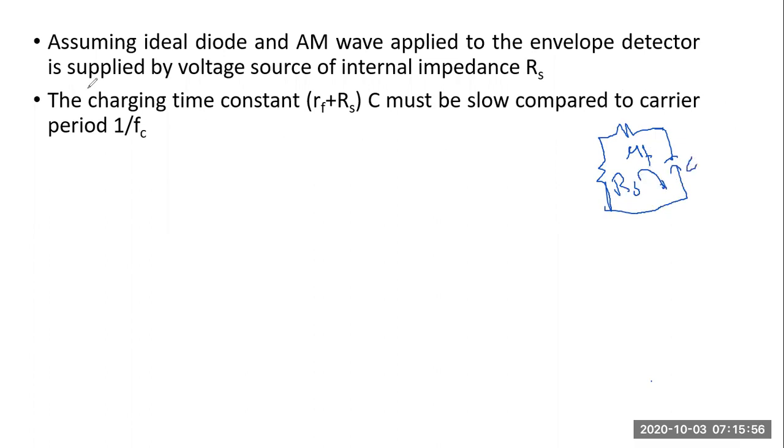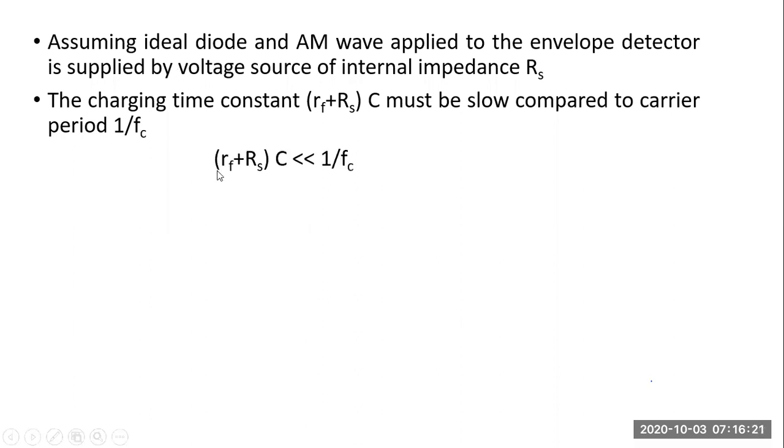So naturally, what is the charging time constant? Rf plus Rs into C. And this charging time constant should be what? We have two conditions. It should be less than the time period of the carrier. I'll explain why this is so in the next slide.